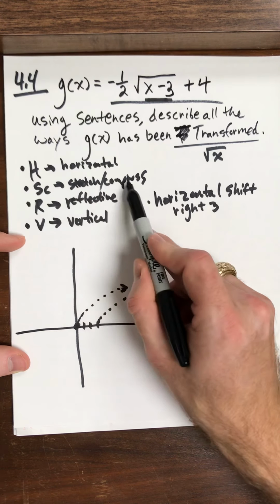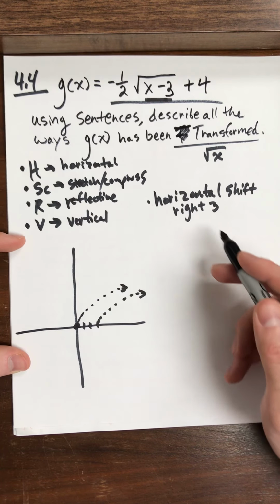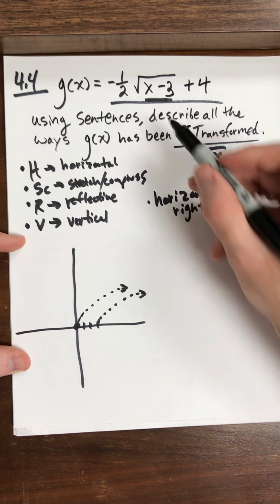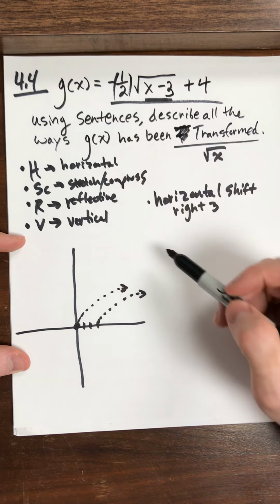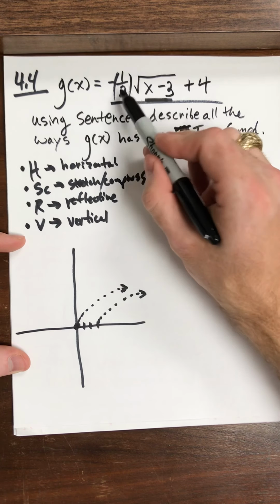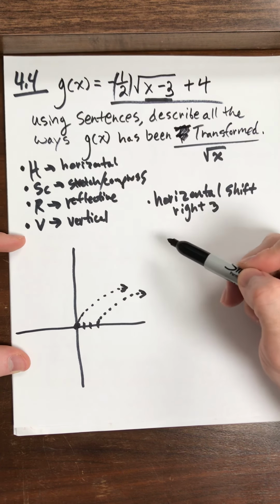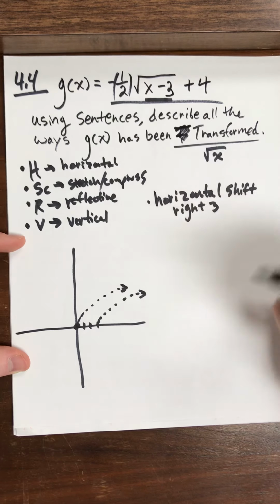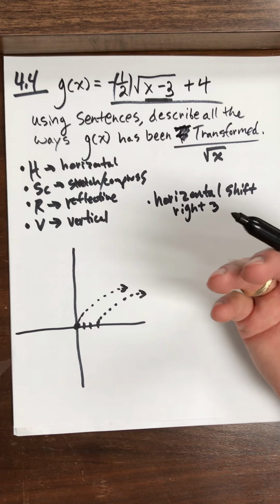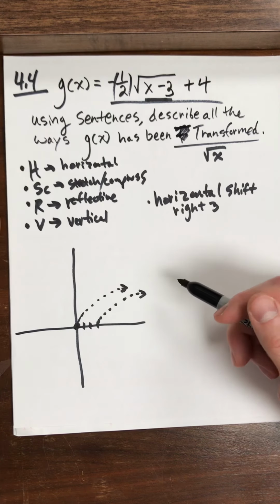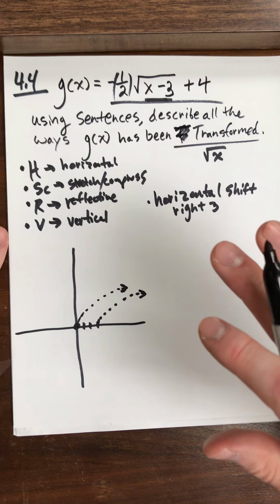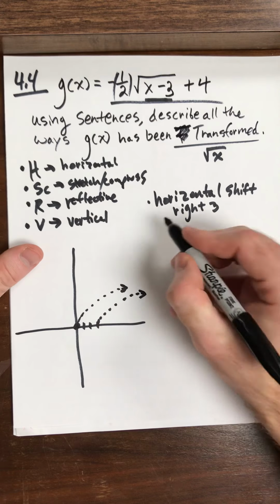Homeschool, school, stretch, or compress. Okay, so am I stretching it, compressing it? Well, I'll look at the number in front of my parent function here, that square root. So this number in front, this coefficient, that's 1/2. It's less than 1. So when I think about half of the height, I'm actually flattening out. So I'm actually going to be compressing the function.